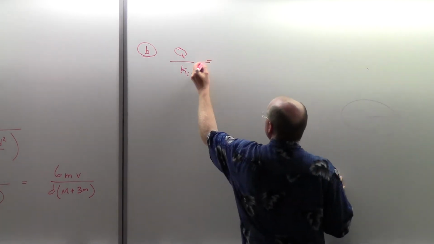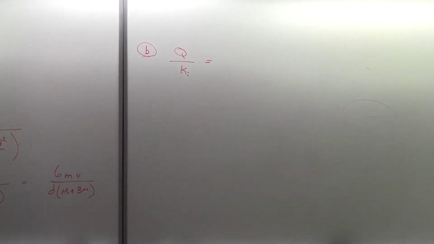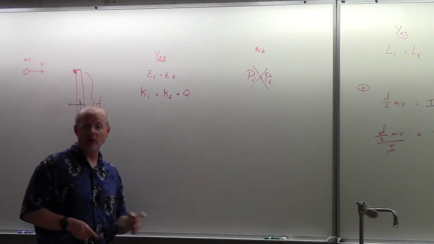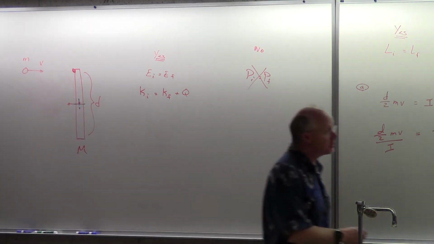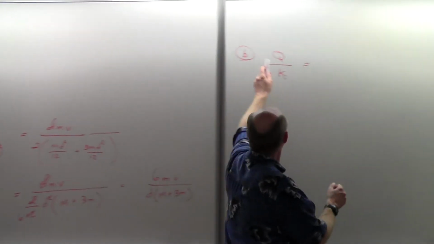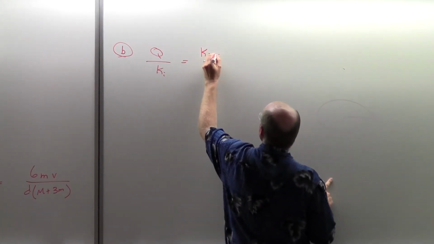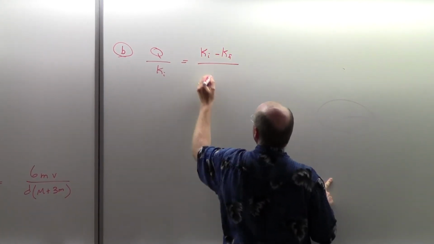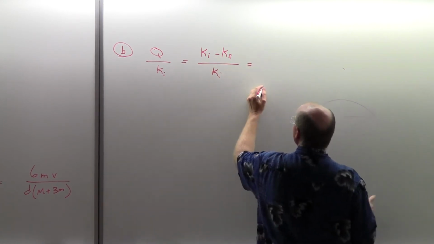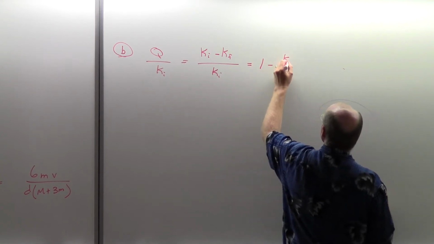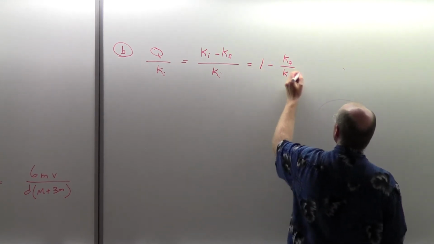Okay. Now again, to answer the heat question, we can come over here and say, well, there is an original kinetic energy, and there's going to be a little bit of final plus any heat that's created. And I'm going to use your idea of, hey, why don't we just call that final kinetic energy, which of course comes from the rotational one, so we'll add that to it. But what it means then is kinetic initial minus final kinetic is the heat, and then I divide that by the original. So this becomes 1 minus final kinetic over initial kinetic.